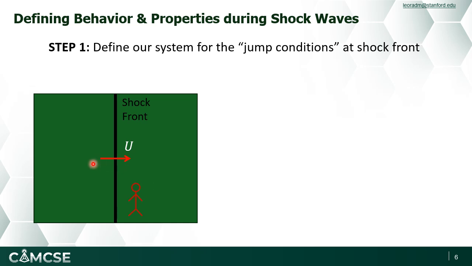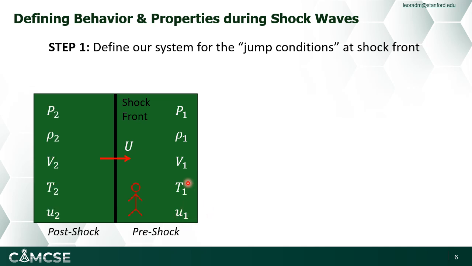We then can define a shock wave that is propagating at some velocity defined by capital U, and we're going to define the shock front as propagating in this direction. And we can say that our initial conditions are defined by the pressure, density, volume, temperature, and particle velocity that we initially live at in the rest frame of reference, which, as I mentioned before, we often would assume is no particle motion, ambient conditions.